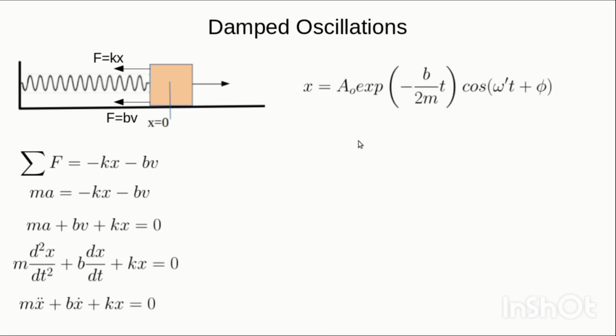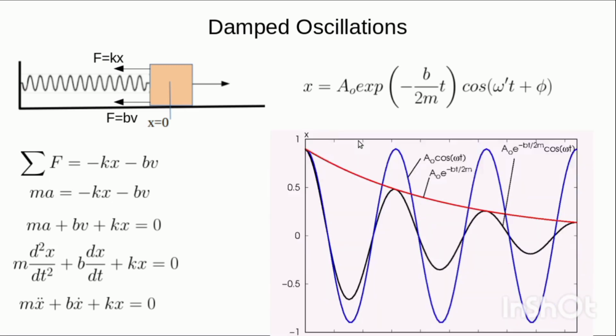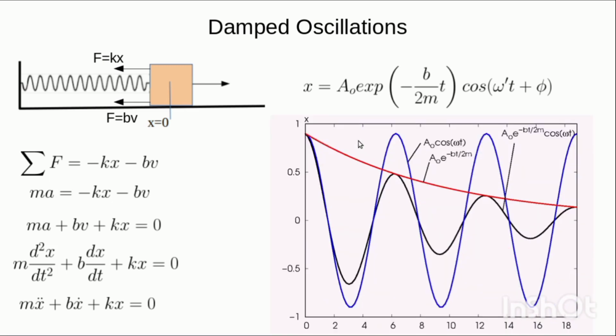So we have a diagram of this form. If this part is not there, we have only a naught cos wt. It means that's a normal simple harmonic motion, and this is the blue curve. We see that it will continue to oscillate at a constant amplitude.